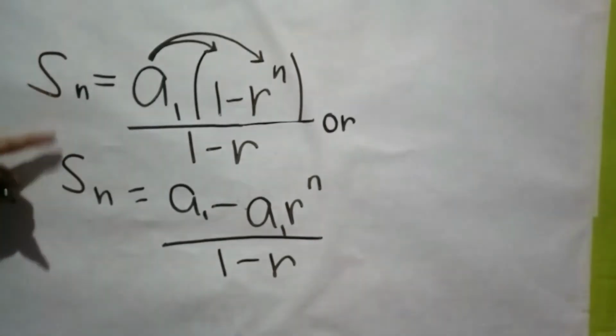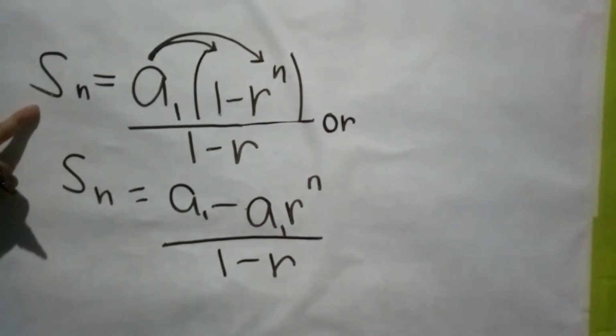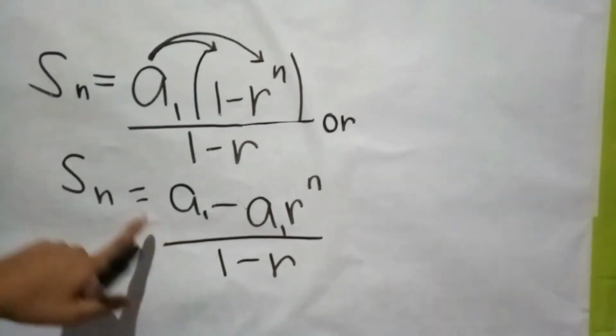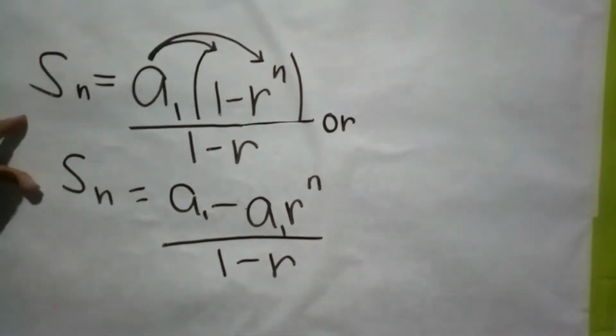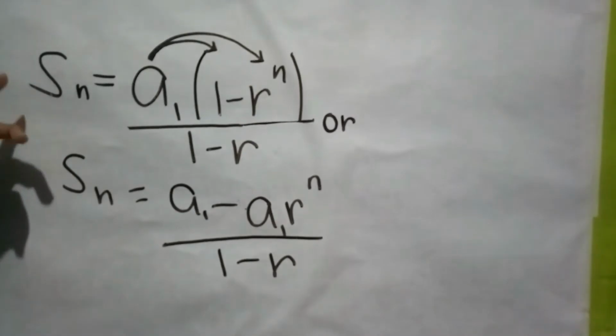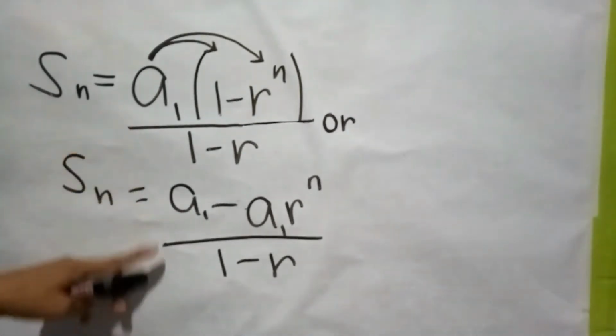Okay, you can choose what formula to use because these two are equal. Either you use this, you will get the answer, if you use this also. So pareho lang tong dalawa. Kahit alin dito yung formula na gamitin nyo, it doesn't matter because it is equal.